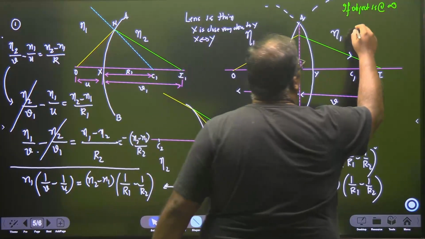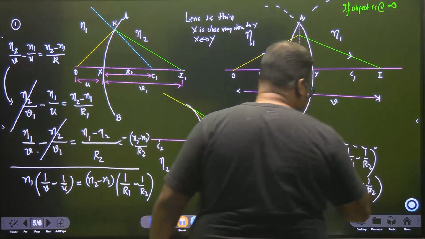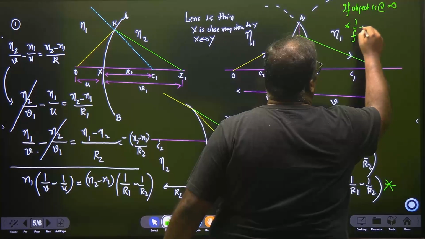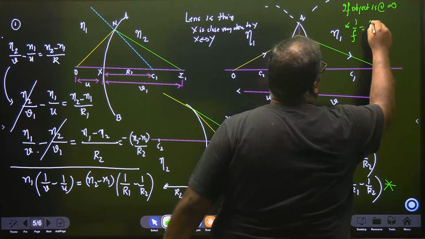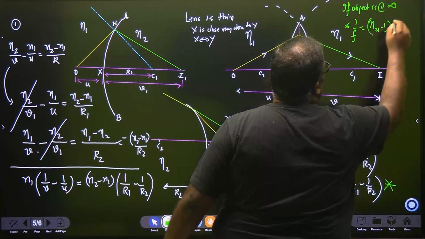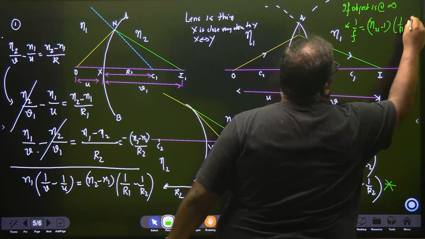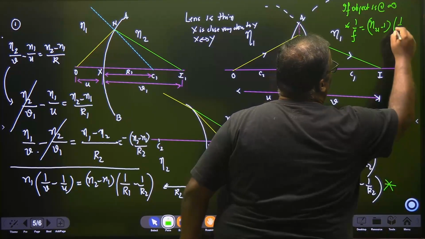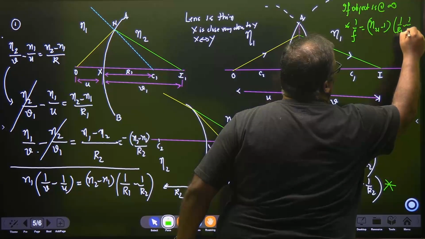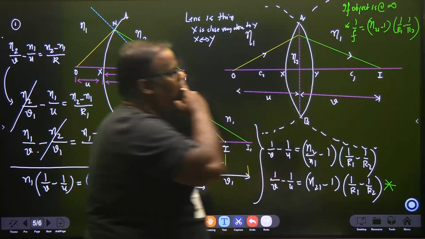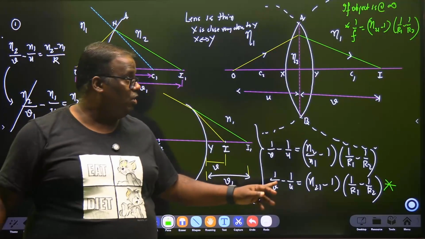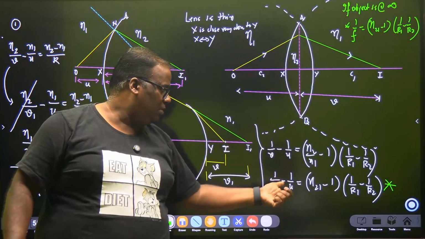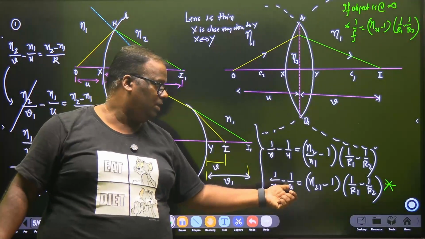So this particular expression becomes 1 upon f is equal to eta 2 1 minus 1 times 1 by R1 minus 1 by R2. Did you understand this or not? If the object is at infinity, the image is formed at focus. So v becomes f, and 1 by infinity is 0.